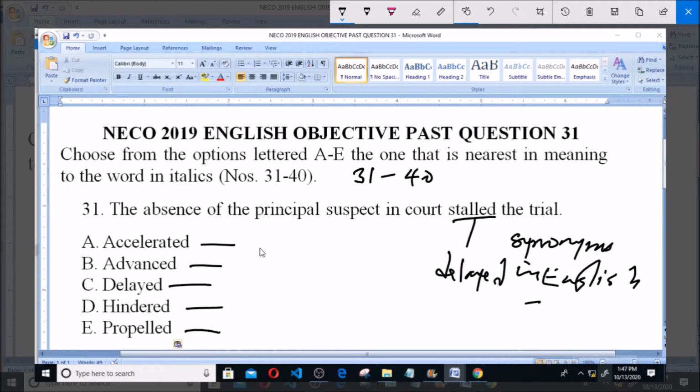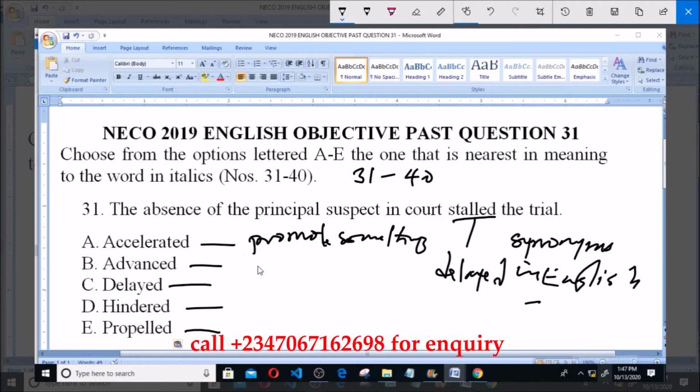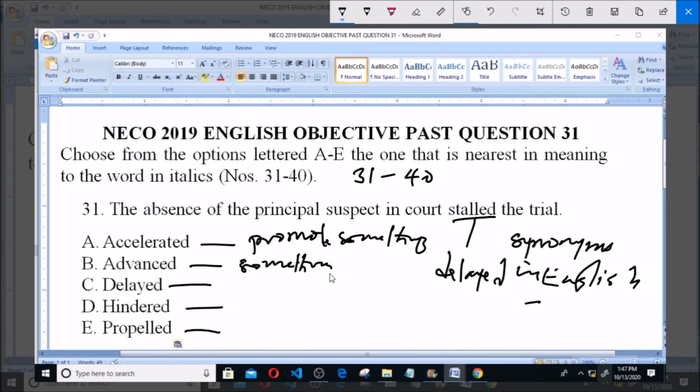When we say accelerated, it means something that promotes something. Advanced means something that aids something.